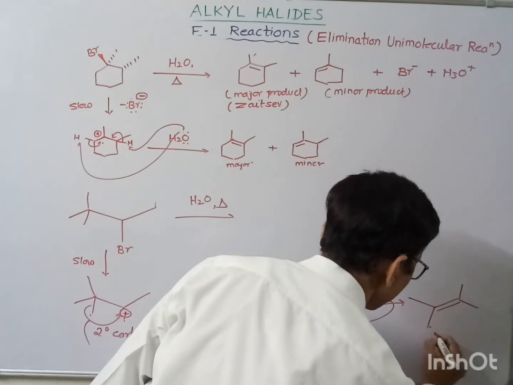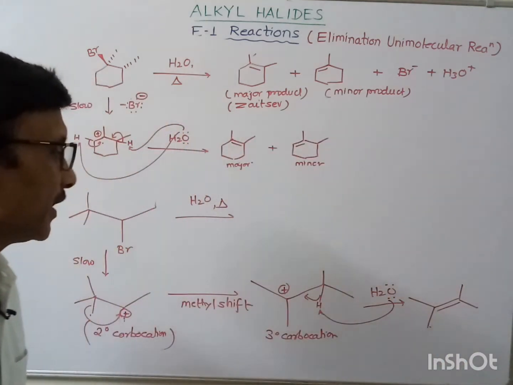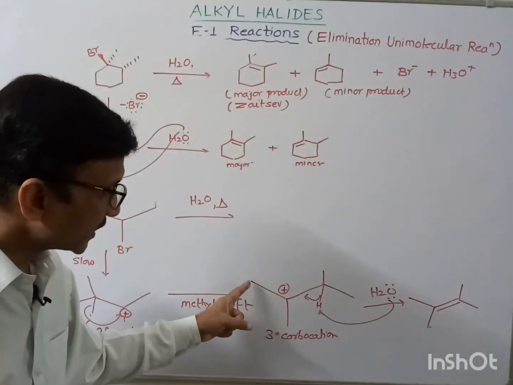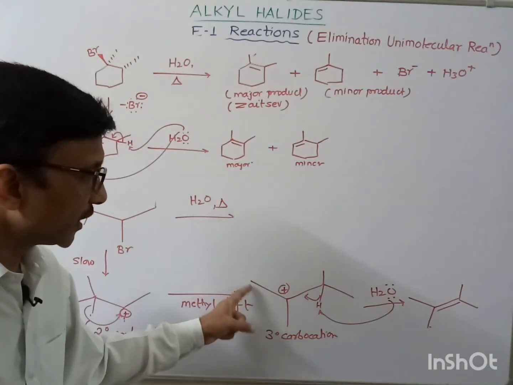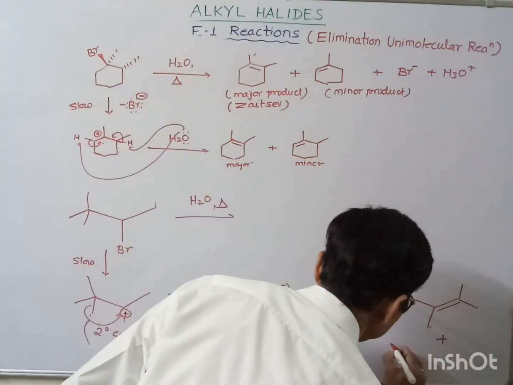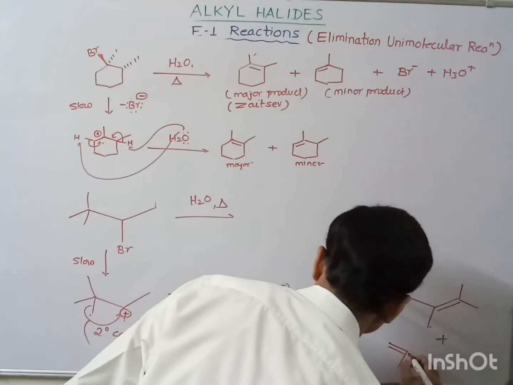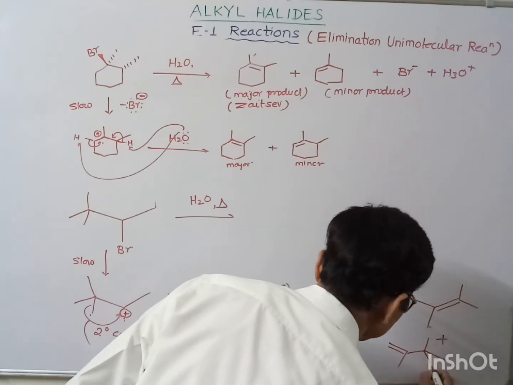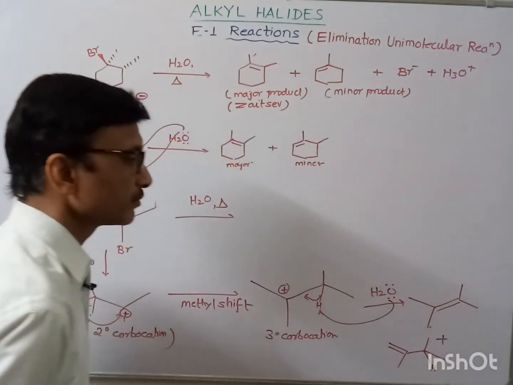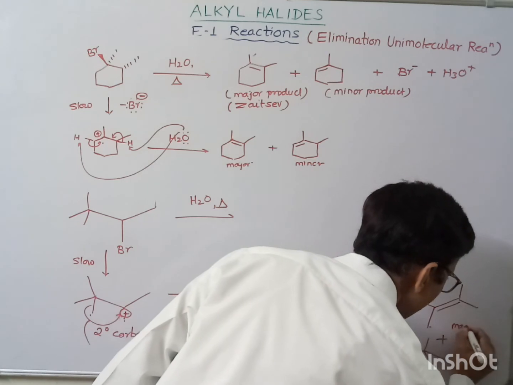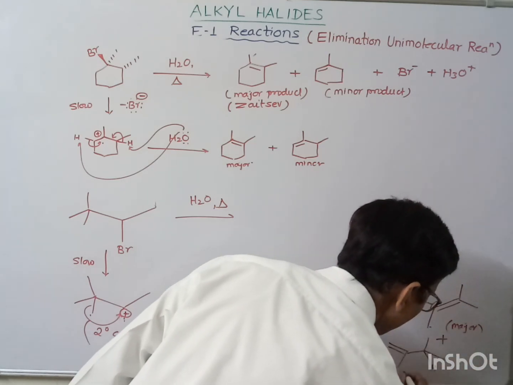So this is our main product. Otherwise, a proton can be abstracted from here to get a minor product. So this is the major Zaitsev product and this is the minor one.